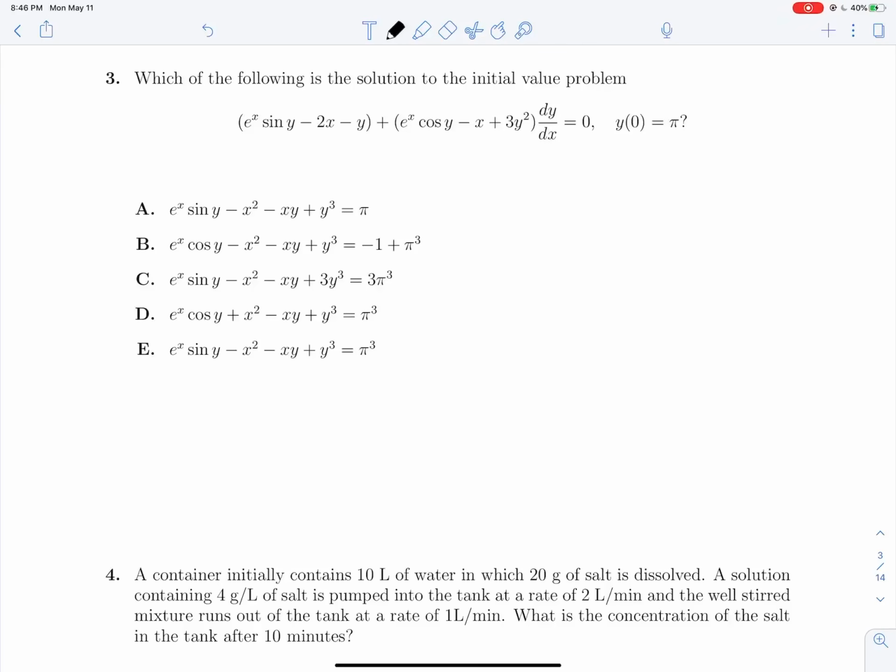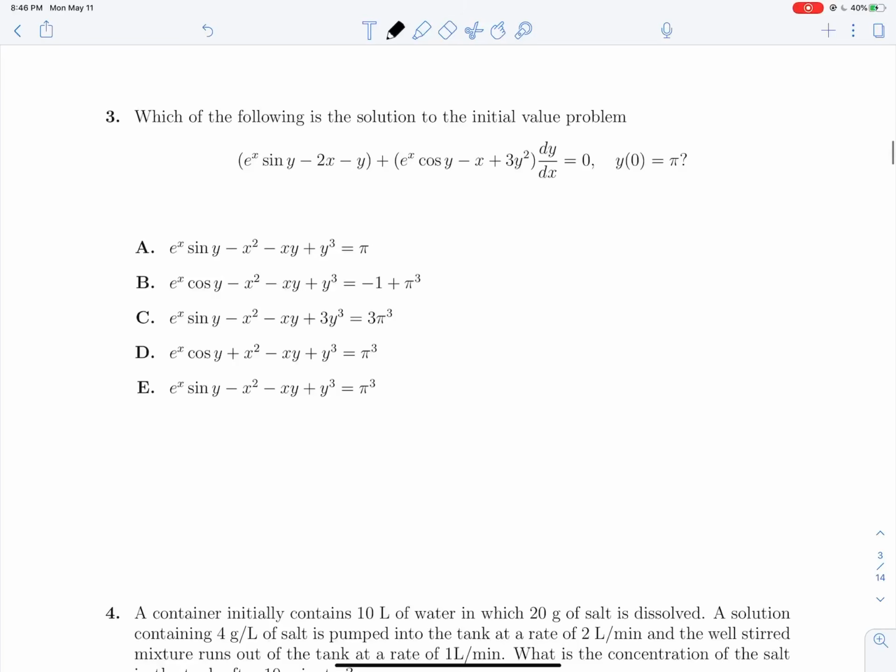Hopefully you can tell what I'm looking at to see that. We see some kind of similar terms going on here, and they even have it parenthesed off for us. We can call this term M, and this term attached to dy/dx N. If M_y is equal to N_x, then our equation is exact.